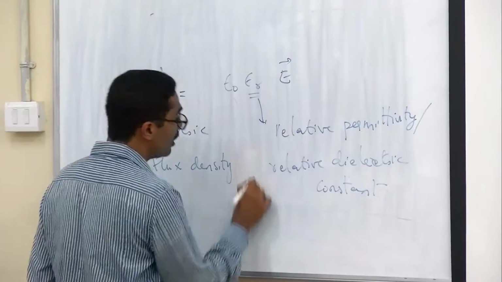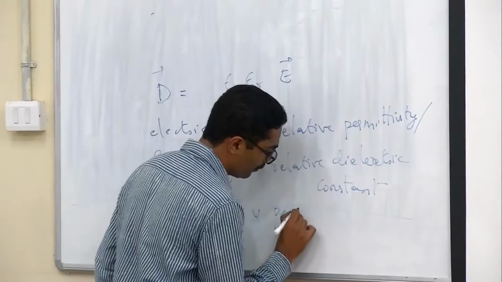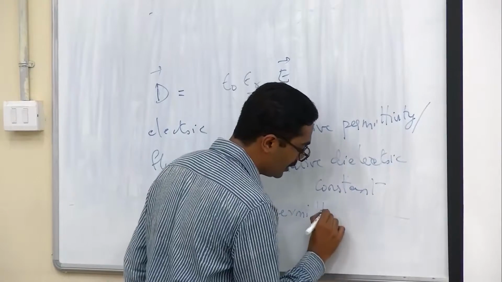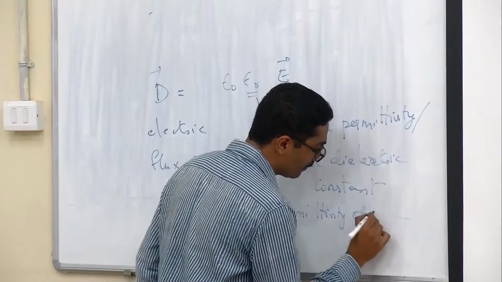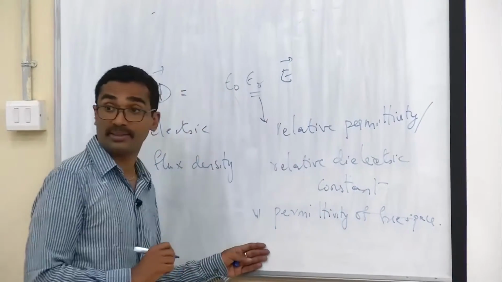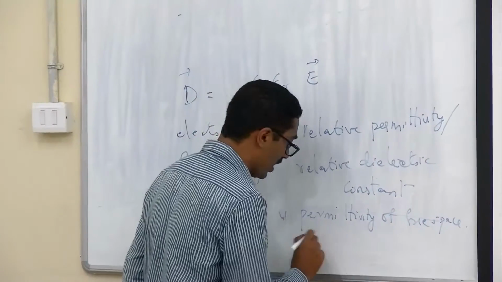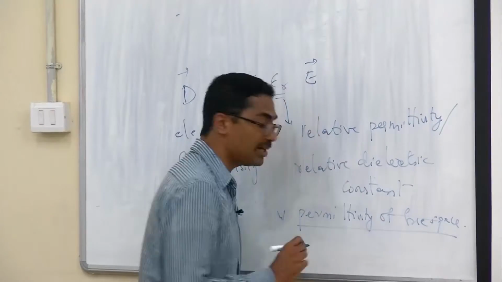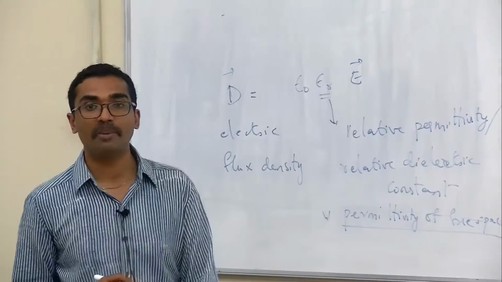And this one is called the permittivity of free space, or the vacuum permittivity, and this is a constant. All right, it's a constant. So I want you to use your favorite search engine and tell me what the permittivity of free space is. Value.